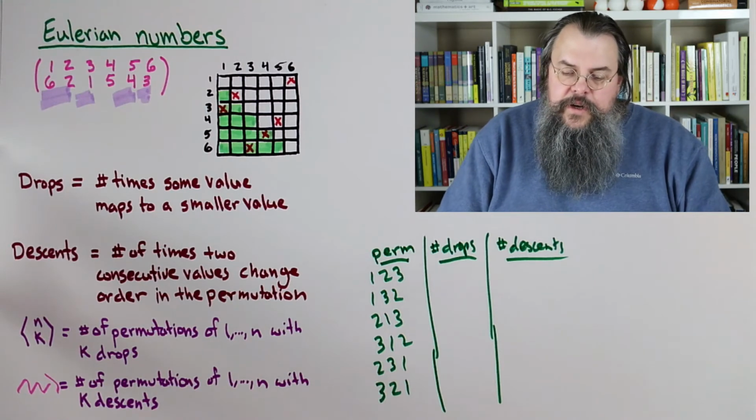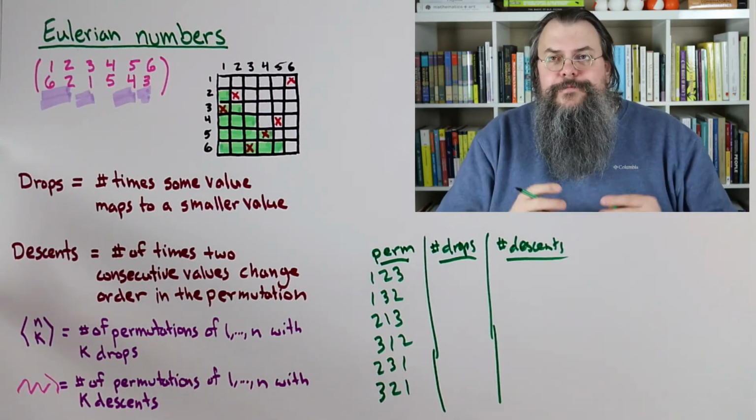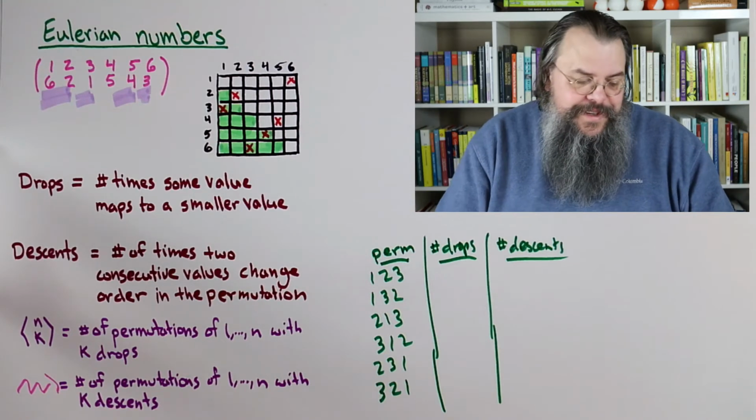So there we go. Our permutations, our drops, our descents. Descents are pretty easy in one-line notation, and I'm using one-line notation to save space.